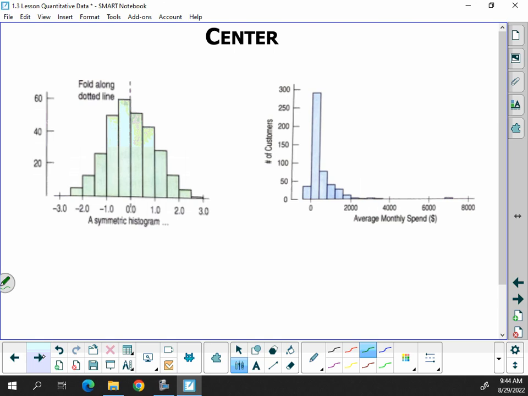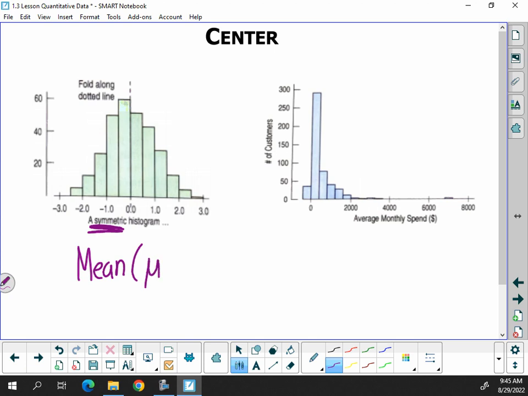We'd also want to talk about the center of our data. The center in this class is typically described as a mean or an average or a median. If we have data that is approximately symmetric, the best measure of our center is going to be the mean.